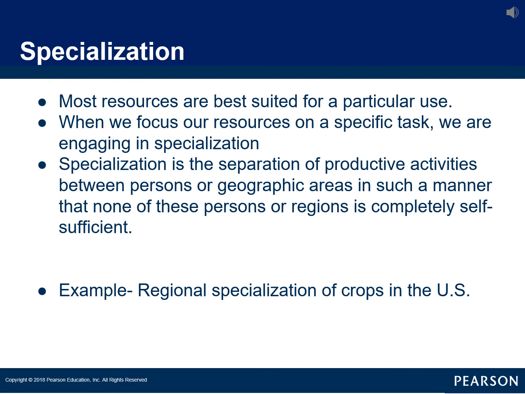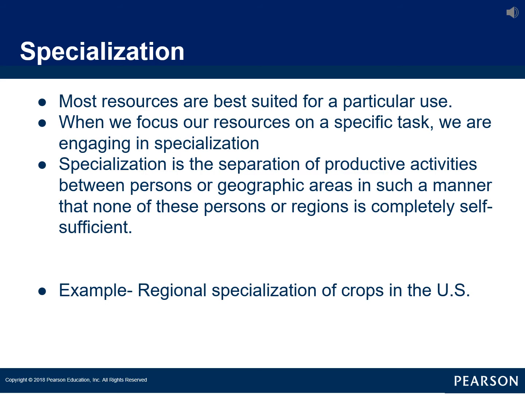Okay, the next concept that your textbook talks about is that of specialization. So in agriculture, many regions or companies specialize in a particular area of production.